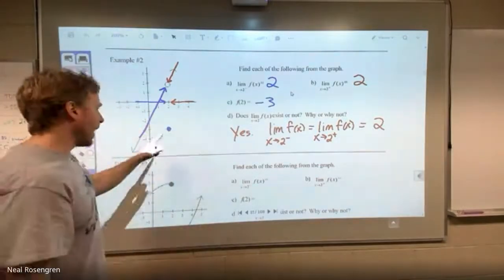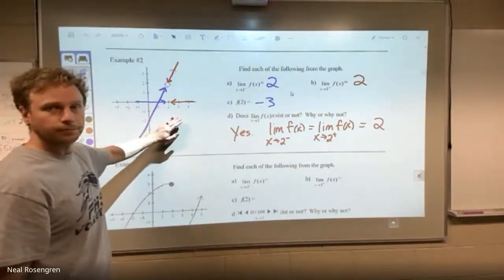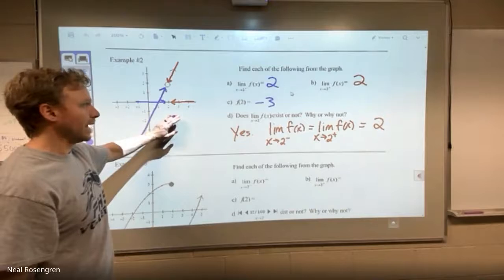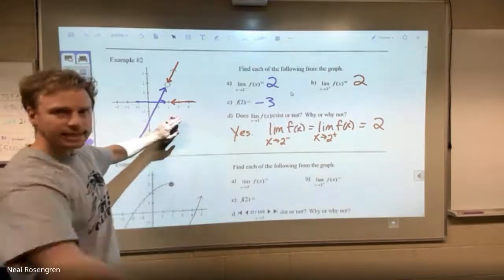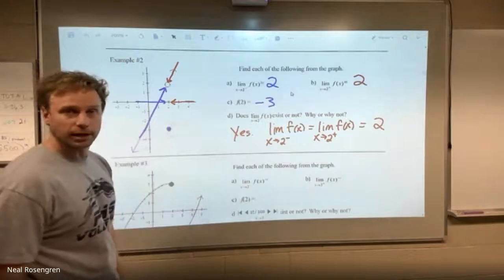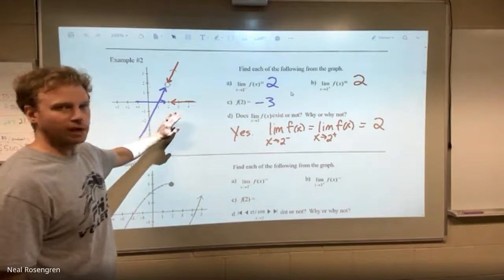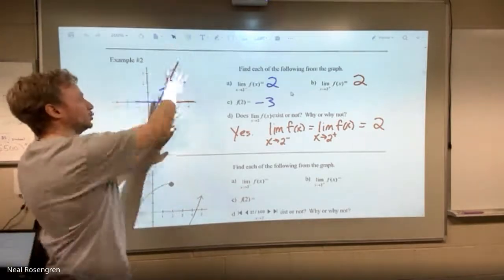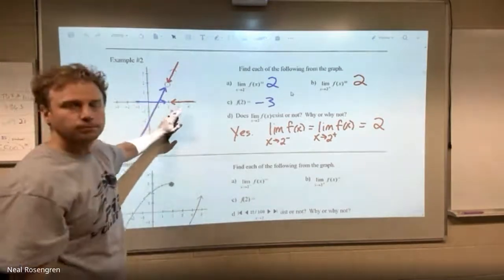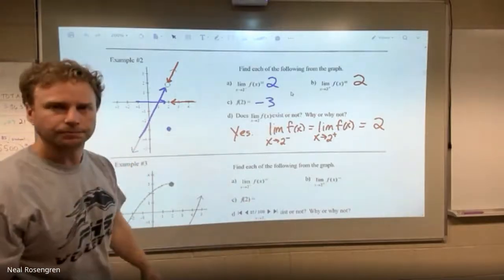And whether that point that I just circled in blue is there or not, the answers for A, B, and D don't change. The limit, whether the point is there or the point is not, is still 2. From the left, 2. From the right, 2. From both sides, 2. But f of 2 right now is -3.